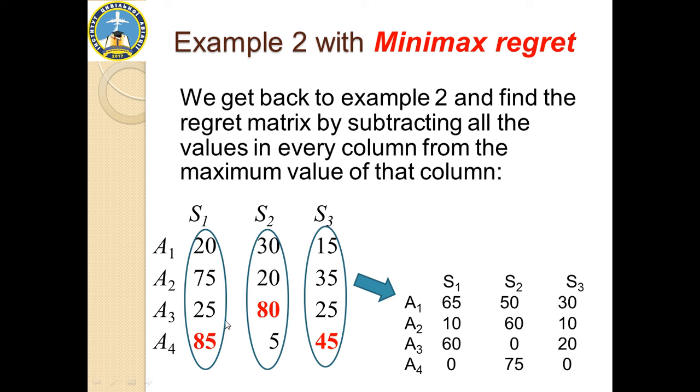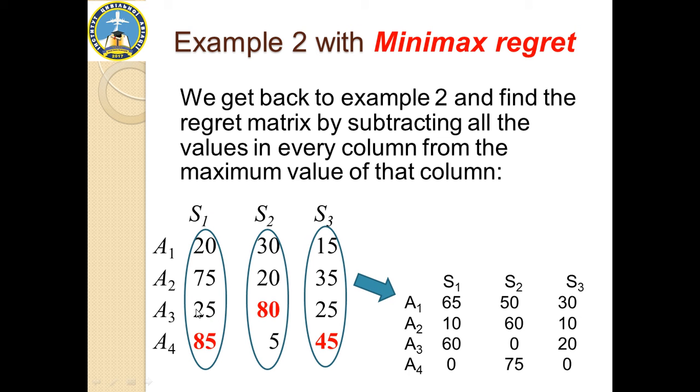So now, if the nature turns up to be in this state S sub 1, the maximum payoff would be 85. But if we pick another decision option, we reduce our expected payoff by some difference. This difference is our regret.